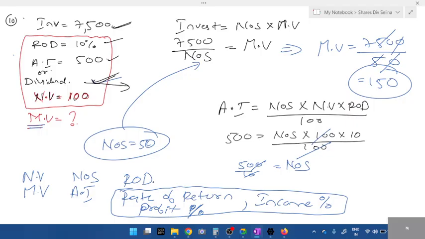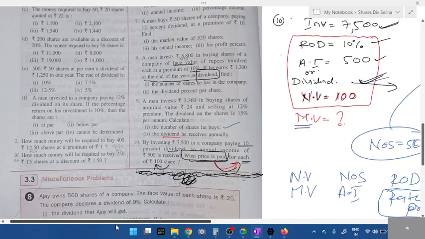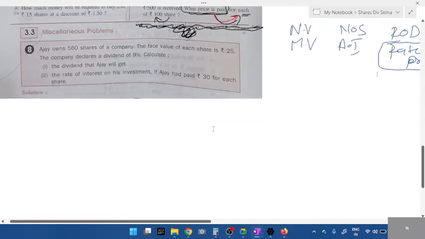Completed? Now make a note. Complete. Last question. Tomorrow we'll solve board exam questions. How many exercises will you have in shares and dividend? Two. So you'll have one more exercise, right?